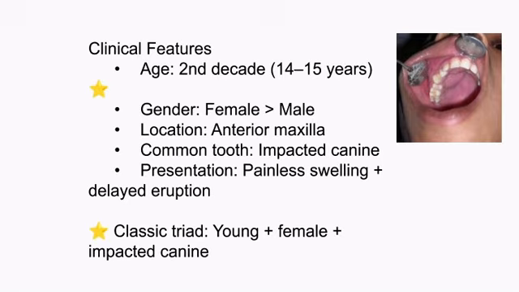So, an exam highlight is also an impacted canine. The patient typically presents with painless swelling and a failure of tooth eruption. So, that's where we can call it an AOT, or at least have a doubt about it. The classic triad you have to remember: young plus female plus impacted canine.